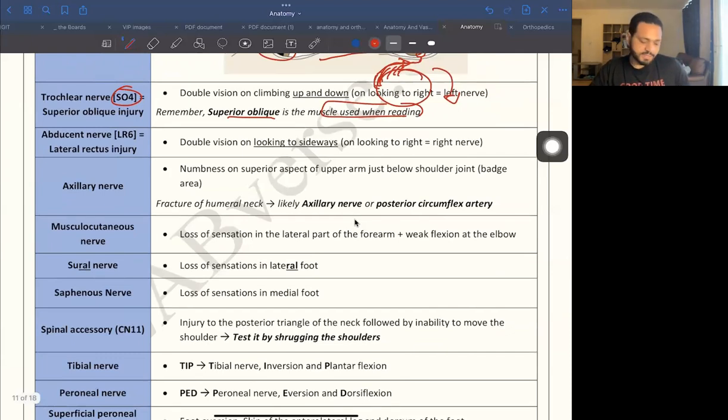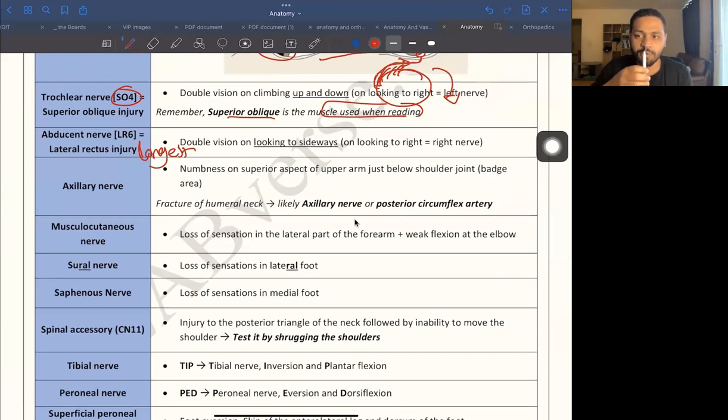Abducens nerve, or the sixth nerve, is one of the longest cranial nerves, and it's at high risk of injury. It basically supplies the lateral rectus. So let's say the right abducens nerve is paralyzed, so this is my right eye, this is paralyzed.